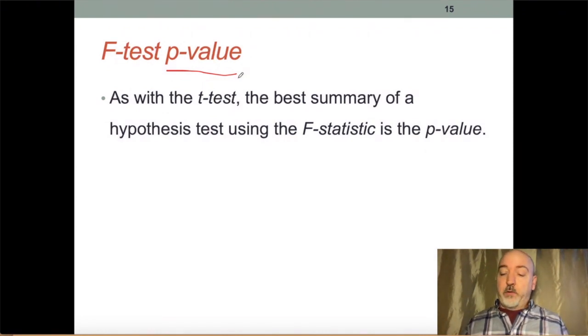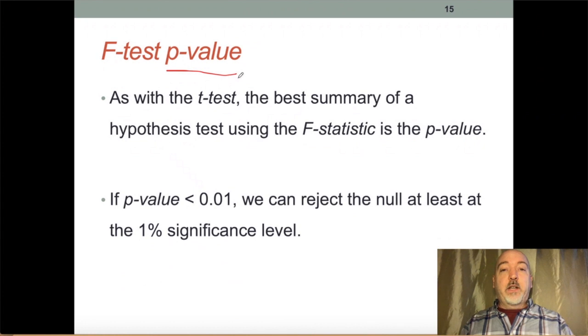So just as before, that p-value is going to be giving us the highest level of significance at which we can reject the null. So the bigger the F-stat is, the farther into the tail we are, the smaller the p-value will be. And if, for example, that p-value drops below 1%, 0.01, well, that tells us we can reject the null with at least 1% significance, at least 99% confidence.